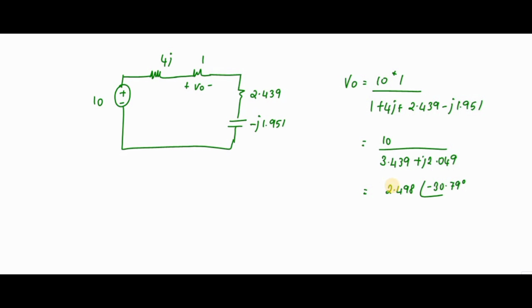Next, if only the AC current source is present, its value is given as 2 sin 5t. So here omega is equal to 5. What is minus jXC?